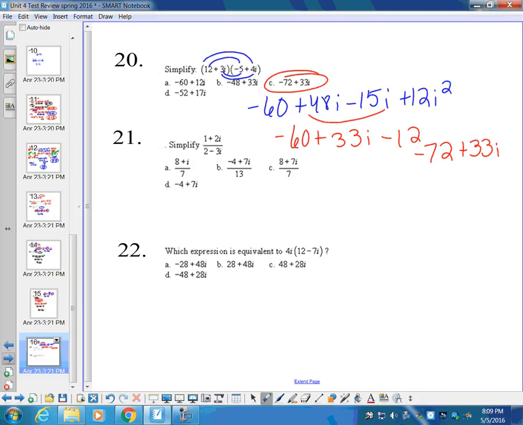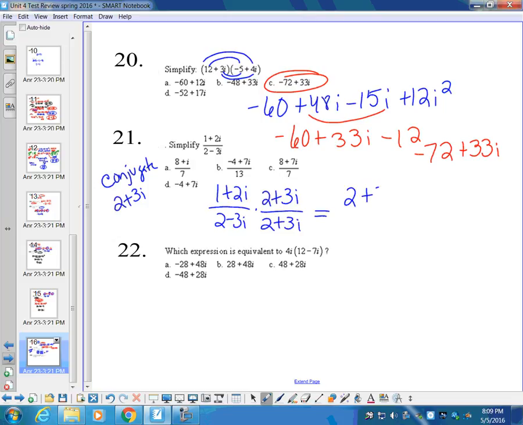Now, 1 plus 2i over 2 minus 3i. So our conjugate, if you look at the bottom, would be 2 plus 3i. So that's what I'm multiplying by. So 1 plus 2i over 2 minus 3i times 2 plus 3i on top and 2 plus 3i on the bottom equals, lobster claw, 2 plus 3i plus 4i plus 6i squared.